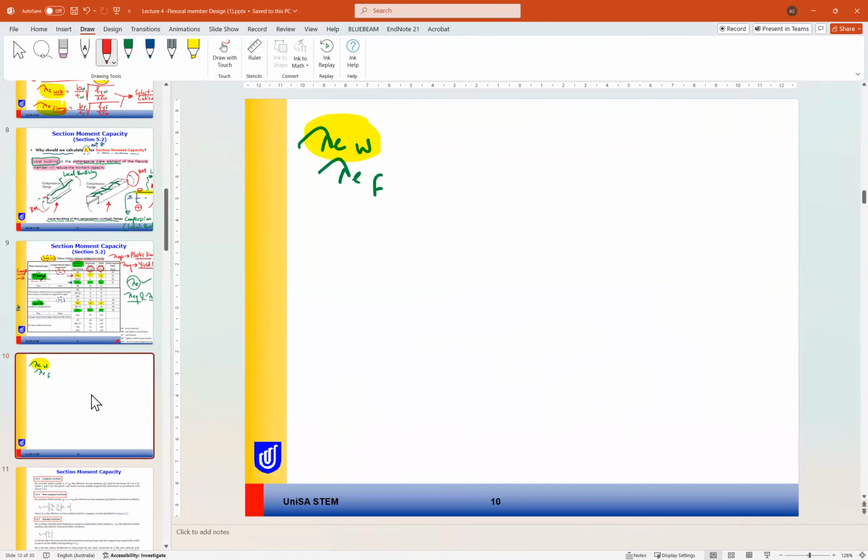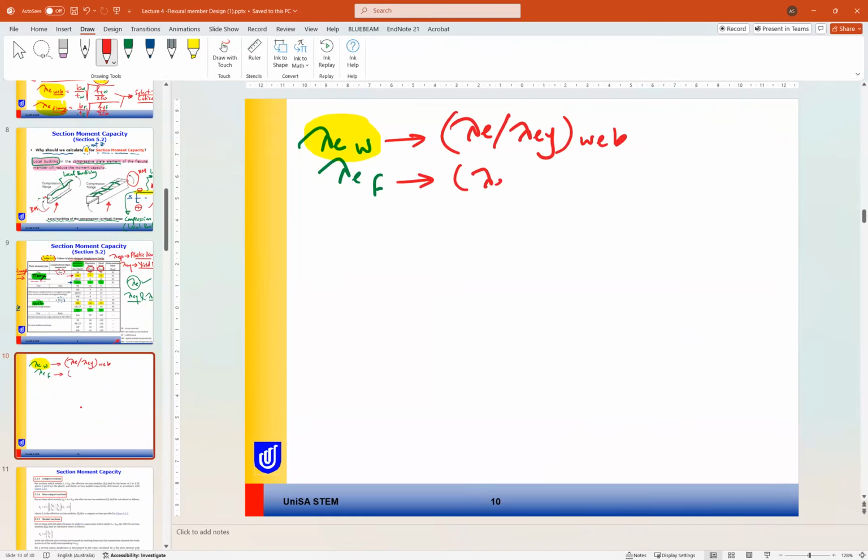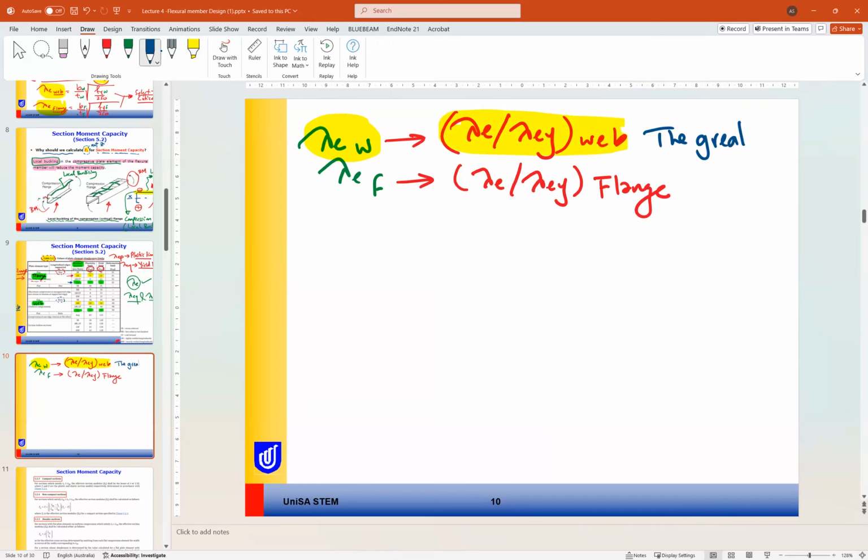So we will find lambda E over lambda EY for web and lambda E over lambda EY for flange. If the web is critical, this means this value is the greatest. If this is the greatest of the two, we will work with the web.